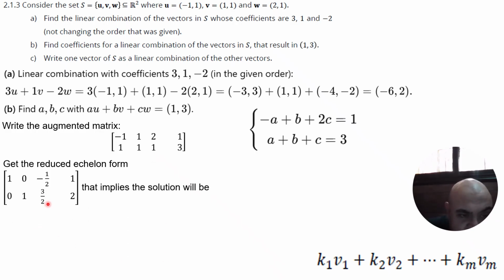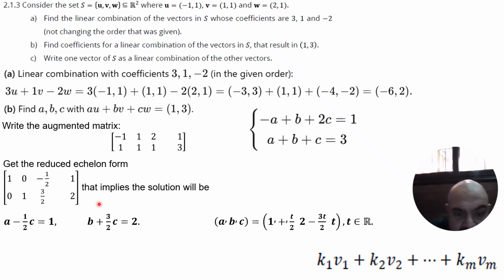That's the reduced echelon form, which implies that a equals 1 plus half of c, and b equals 2 minus 3 over 2 c. And those are the components.